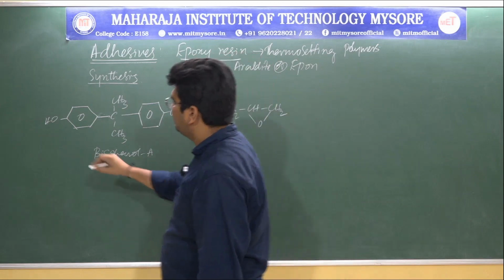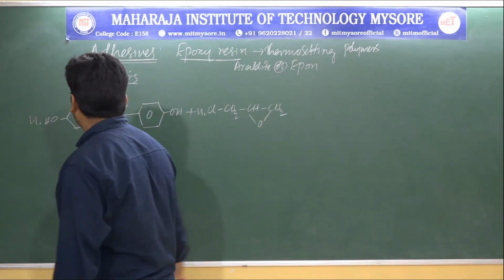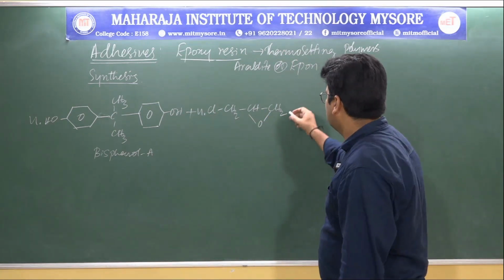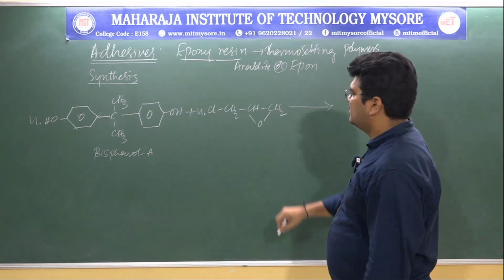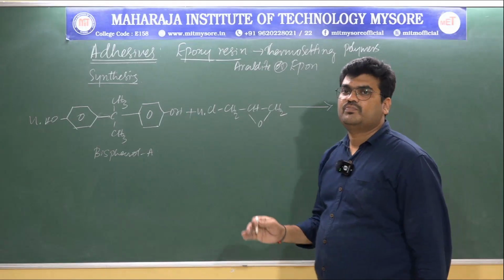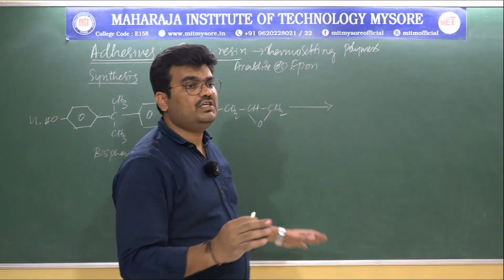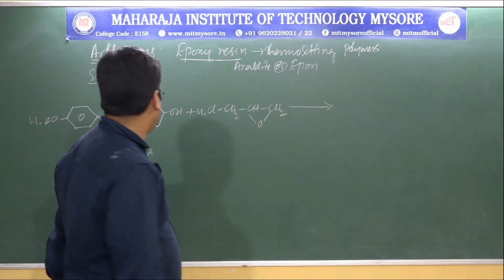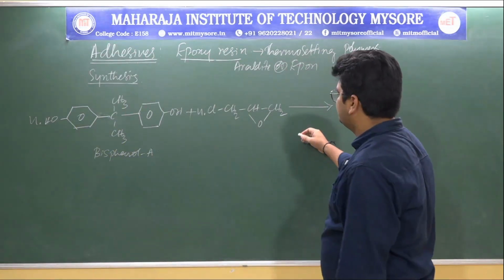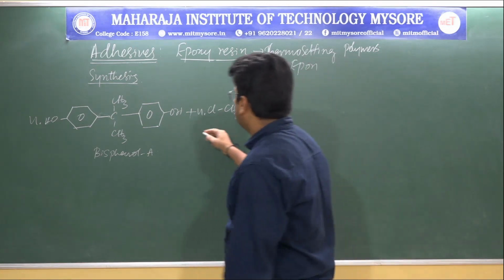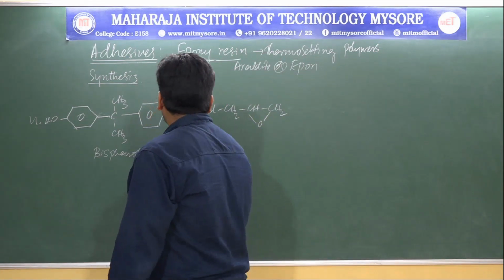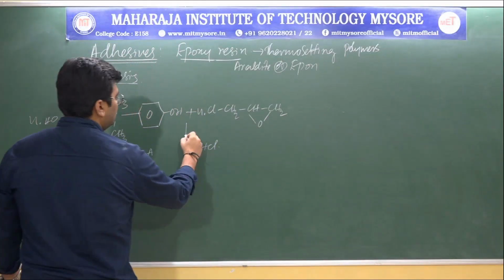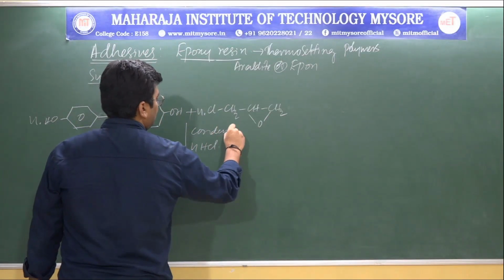So if you take n moles of this and it undergoes condensation polymerization, then we are going to get a product called epoxy resin, or the trade name is Araldite or Epon. HCl will be eliminated, and it undergoes condensation polymerization.